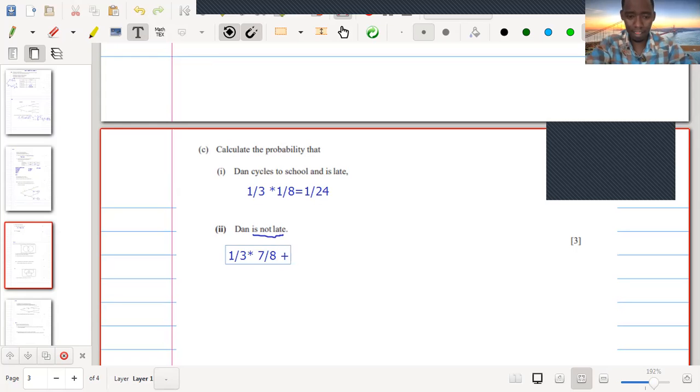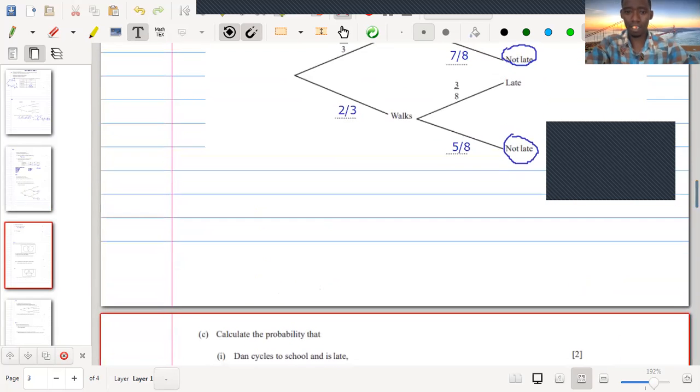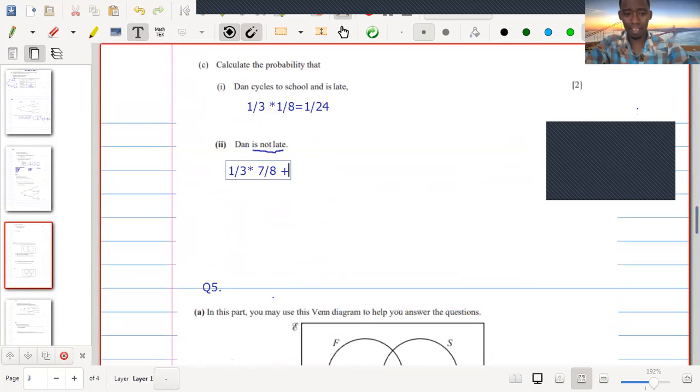Then plus what? The last part here: walks and then not late. That means 2 over 3 and 5 over 8. Very good.